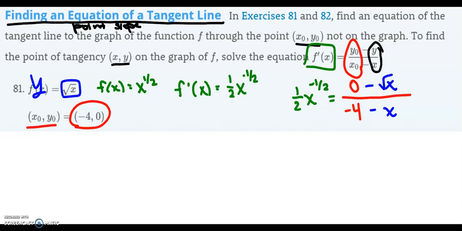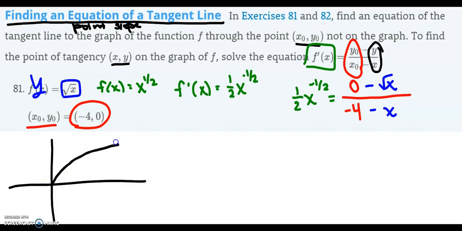So what I'm really trying to do is figure out where on my graph does this line that goes to the point -4, 0 connect at a point of tangency. So if you want a picture of this, I have the square root of x, I have the point -4, 0, and I am looking for, put it in purple, my mystery point.